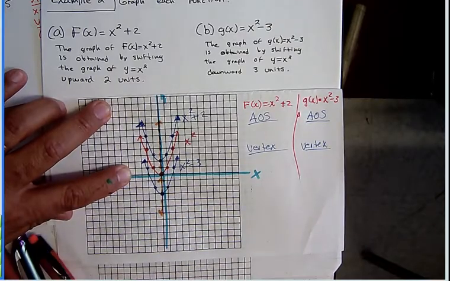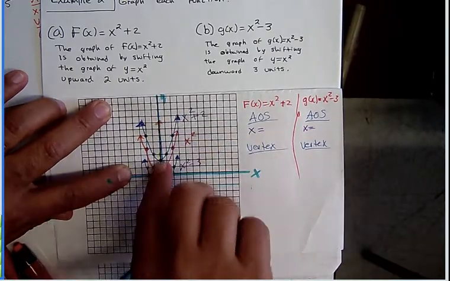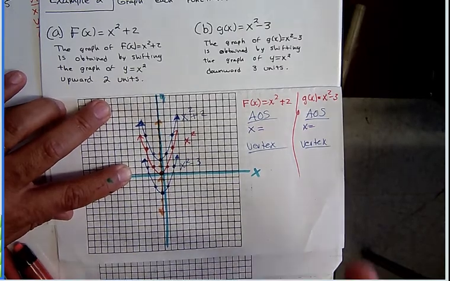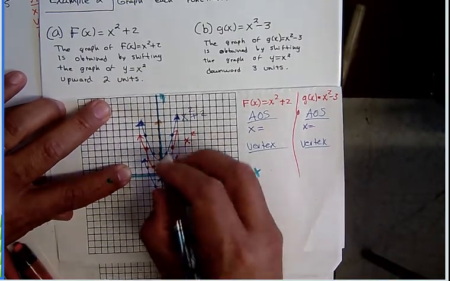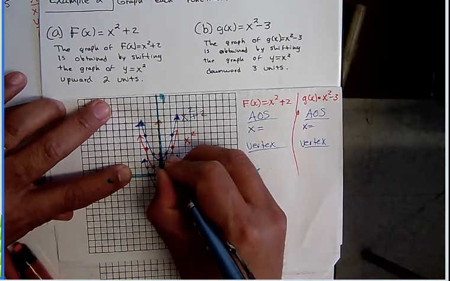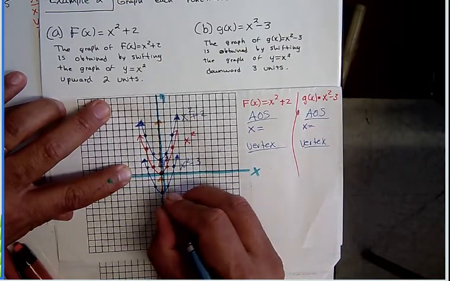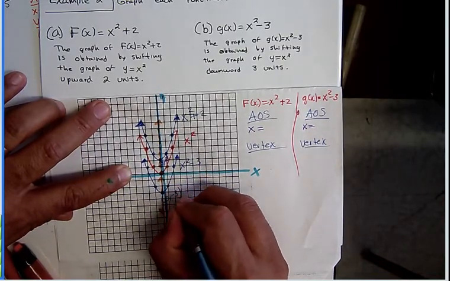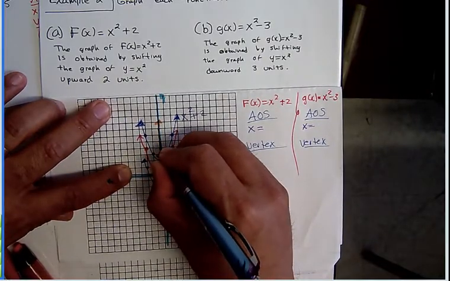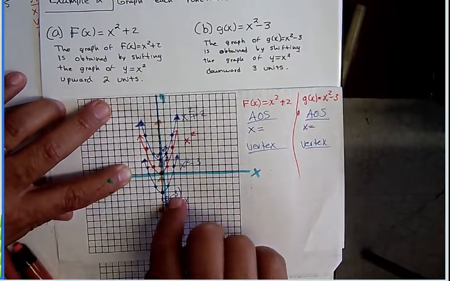By doing x equals h, the x value of the vertex. So this is the vertex here. The vertex would be 0, 2. This would be 0, negative 3. This is also a vertex.